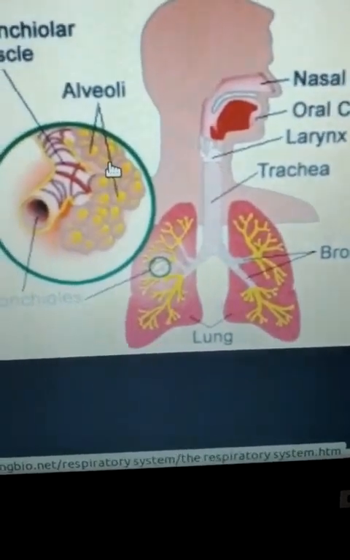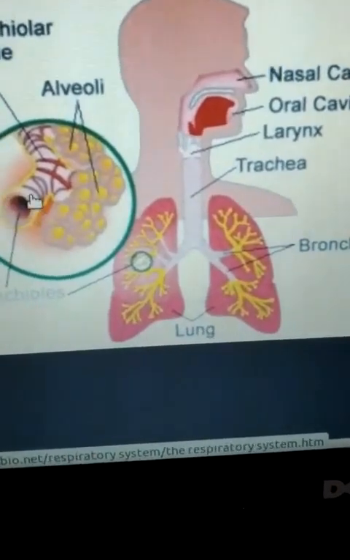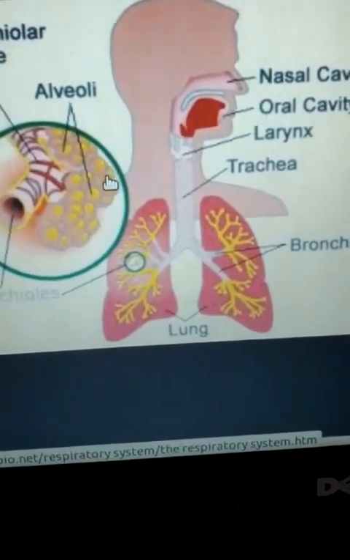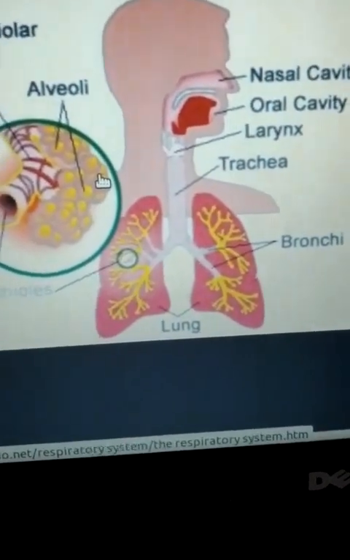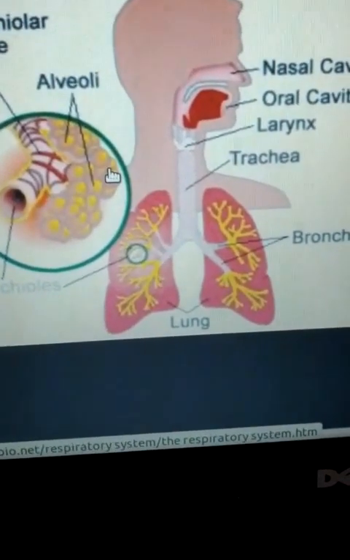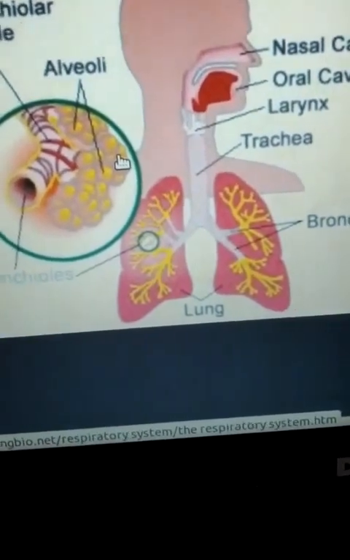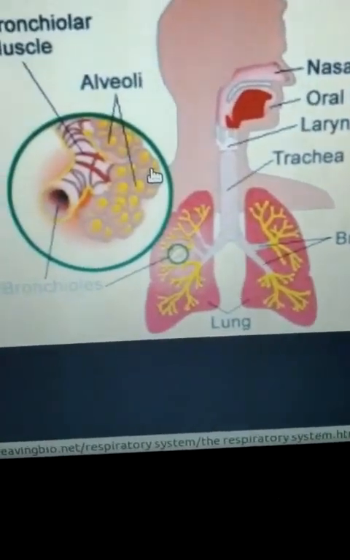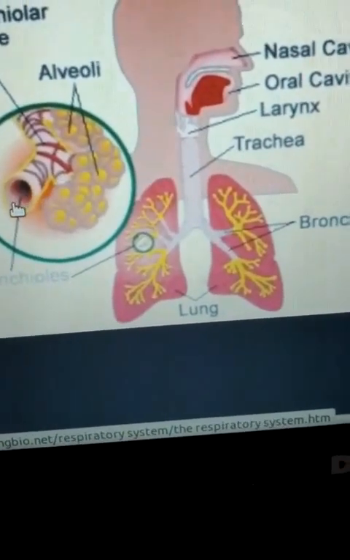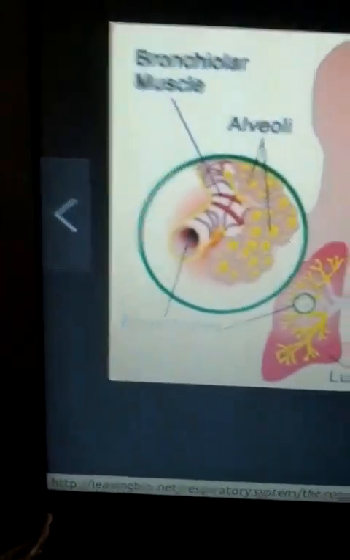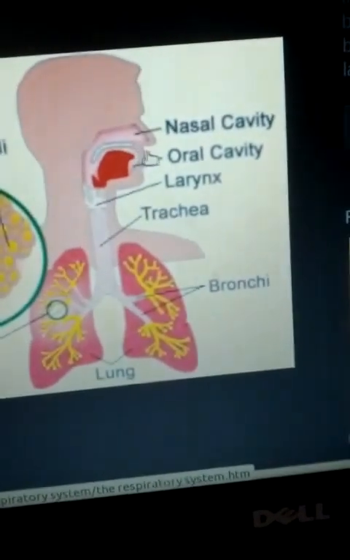So inside the alveoli, the gas transmission takes place. When we breathe in, the air reaches the alveoli finally, and the oxygen from the air is absorbed through the alveoli. When we breathe out, what happens? The toxins in the excretion, that is carbon dioxide, etc., gaseous excretions, are removed from the blood and pushed out through the small tubes, through the trachea, and through the nasal cavity outside.